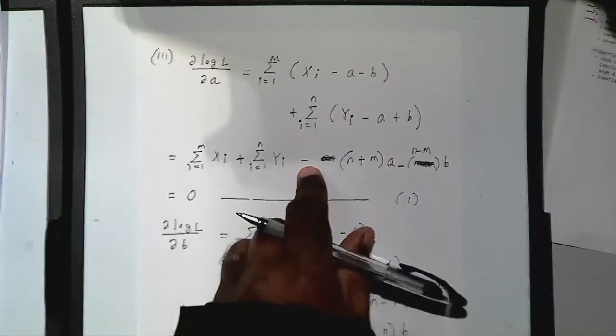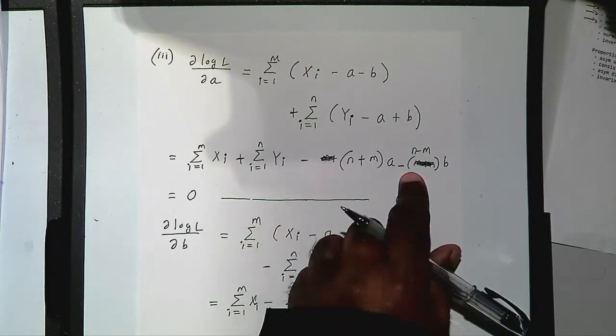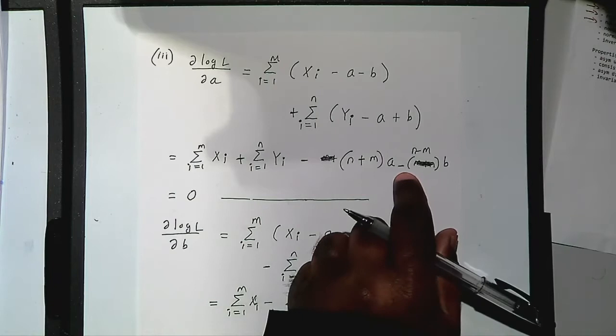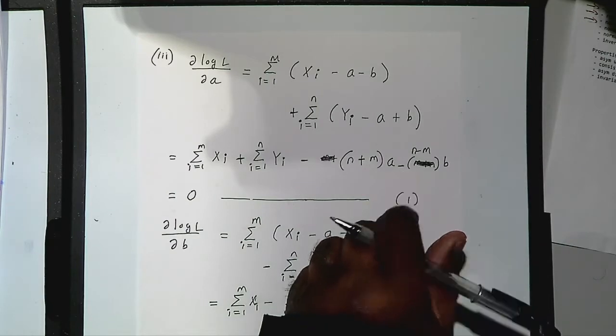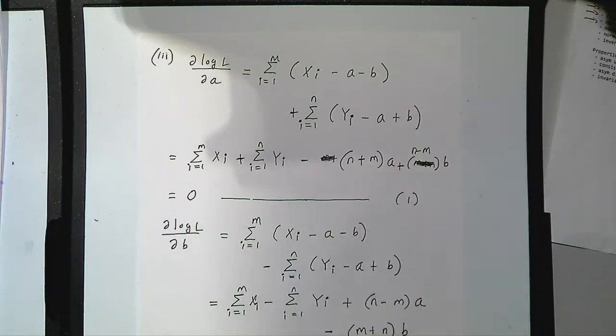You mean this one is wrong? Sorry. What am I doing? And this should be plus. Okay, thank you. Is that right? Okay, thank you. I apologize one more time for the mistakes.